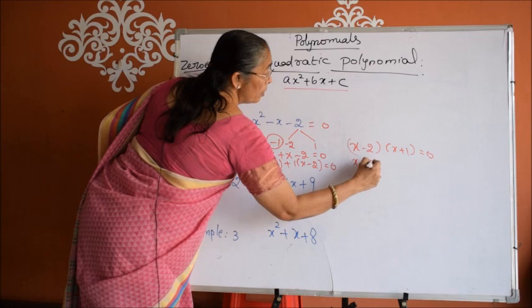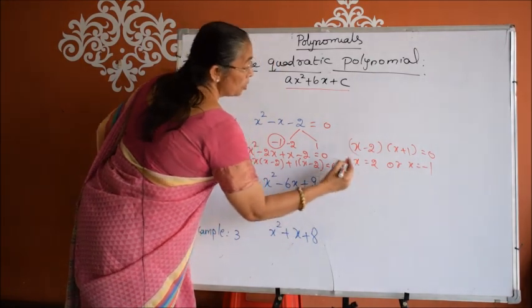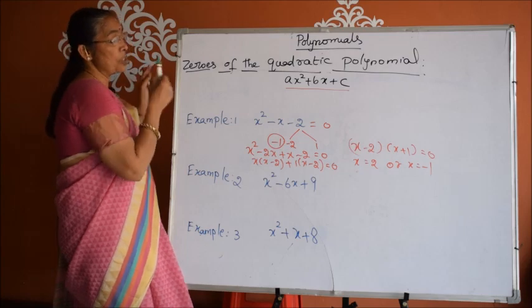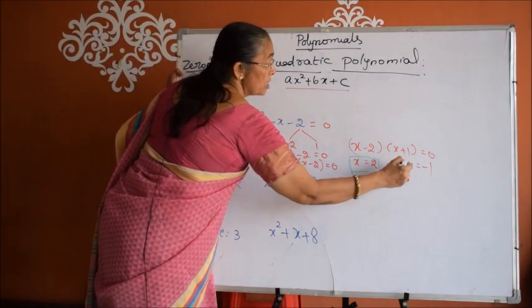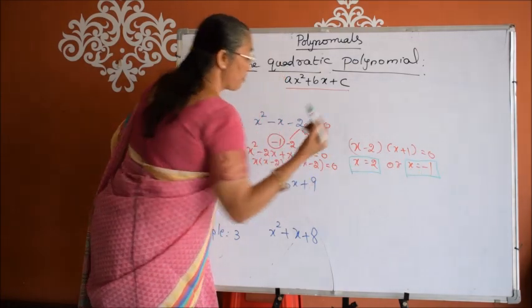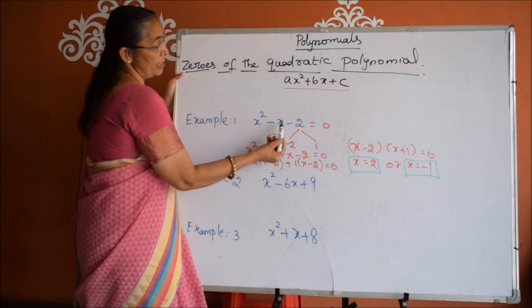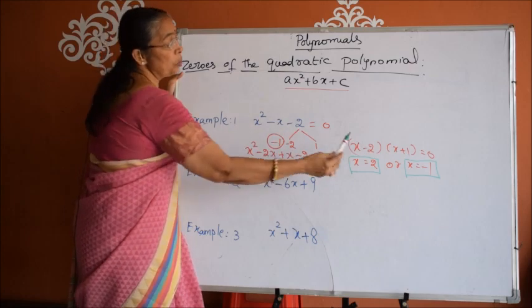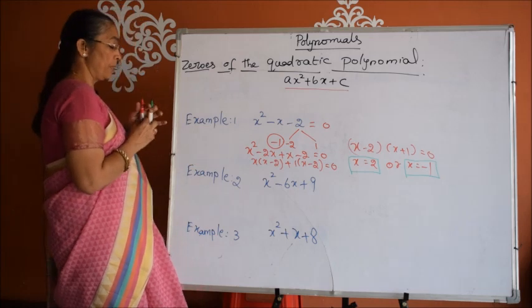So, x is equal to 2 or x is equal to minus 1. So, we have 2 zeros here. One zero is x is equal to 2 and another zero is x is equal to minus 1. Therefore, the quadratic polynomial x square minus x minus 2 has 2 zeros, x is equal to 2 and x is equal to minus 1.